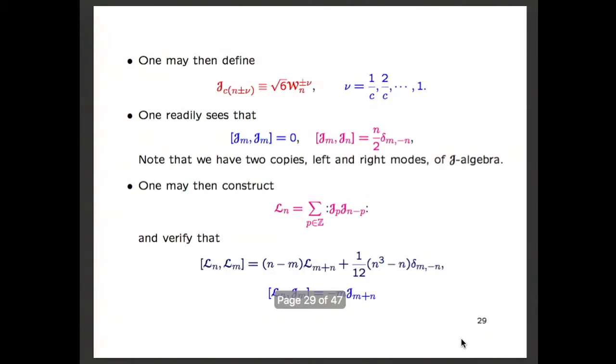So I have two different descriptions for the same conic plus global AdS states, and I just equate them. This gives me a way to describe the black hole microstates.